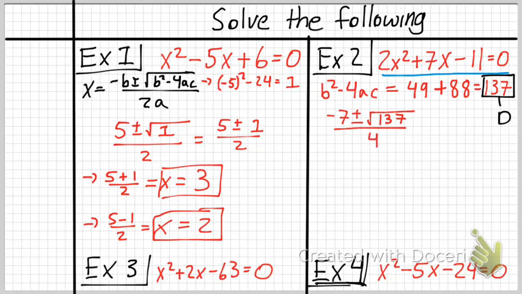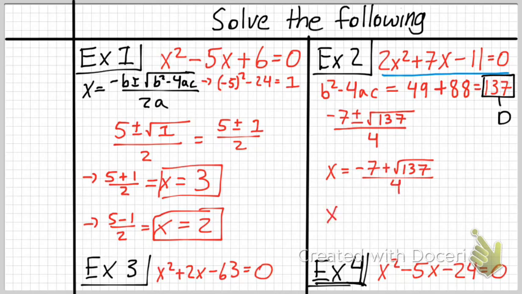All right, so this is pretty gnarly looking right here. 137 doesn't have a very easy root. Actually, it's going to be an irrational number. So because we know that 137 is not a perfect square, we can go ahead and say, okay, well, these are going to be irrational roots. So my two roots are going to be x is equal to negative 7 plus the square root of 137 divided by 4.